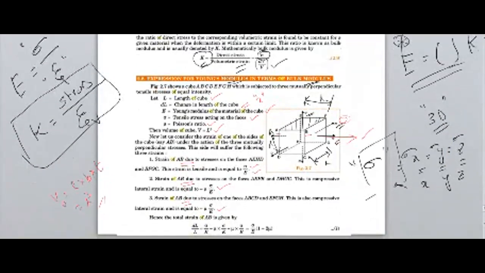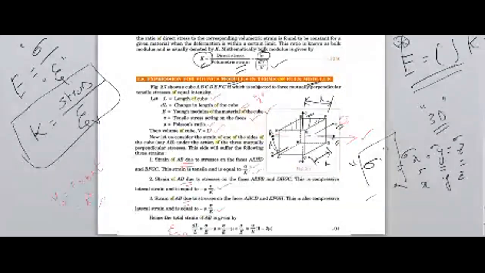That is the strain along the AB. That is nothing but delta L by L, which can be written in terms of, we have proved this in the previous class.